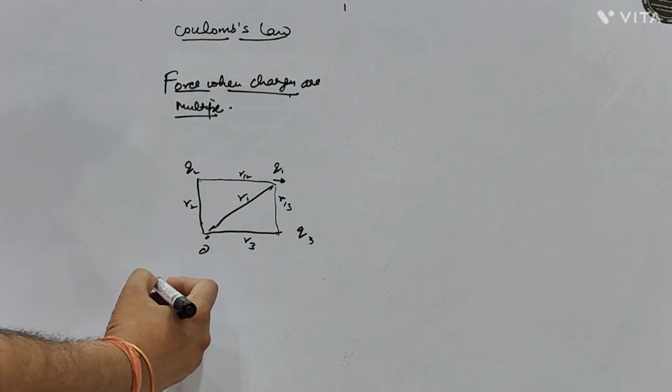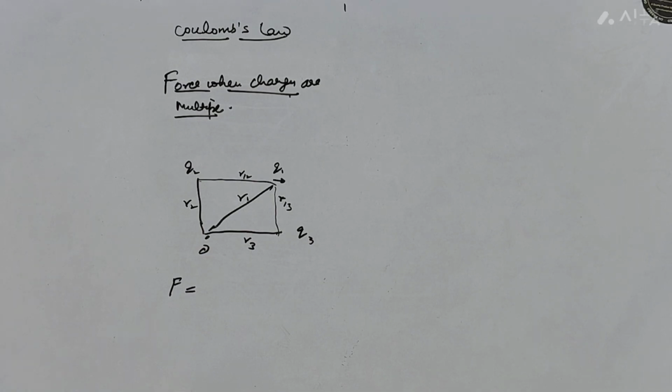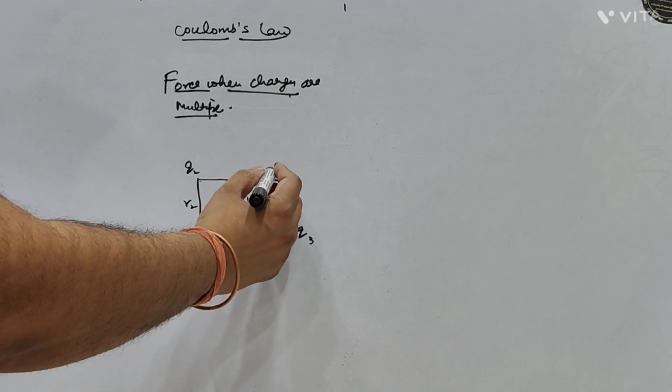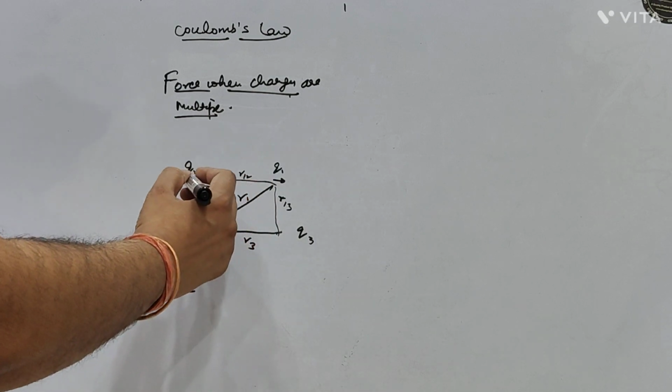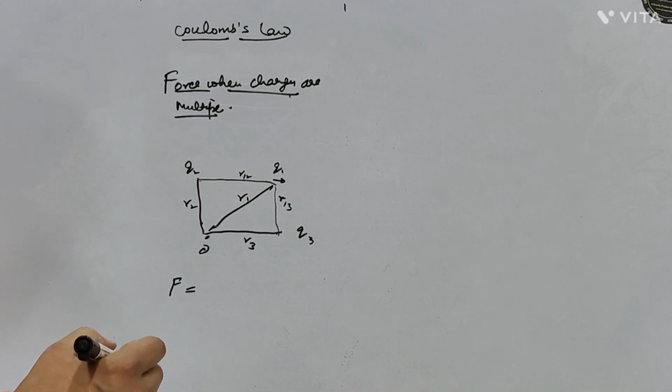So the force acting between them is simply the vector addition of the forces acting from the individual charges. The force acting on q1 by q2 and the force acting on q1 by q3 are just added.